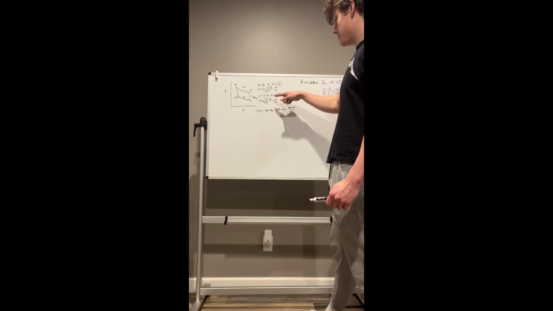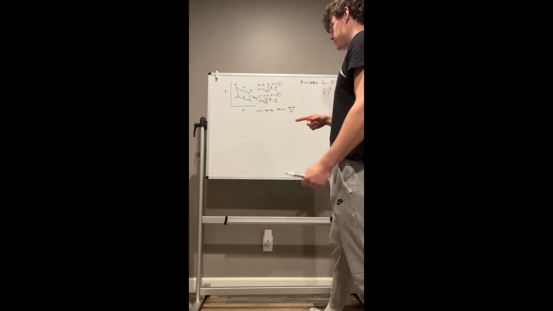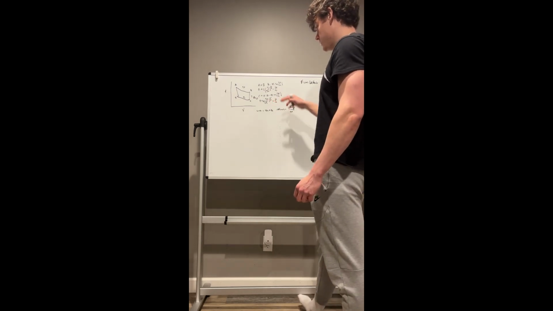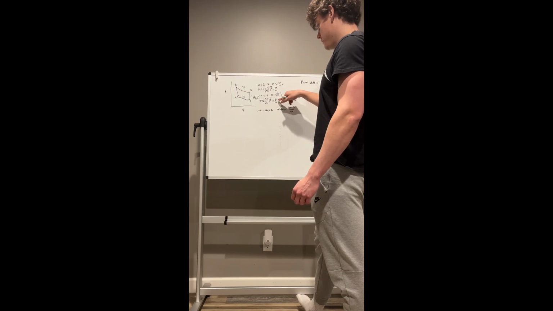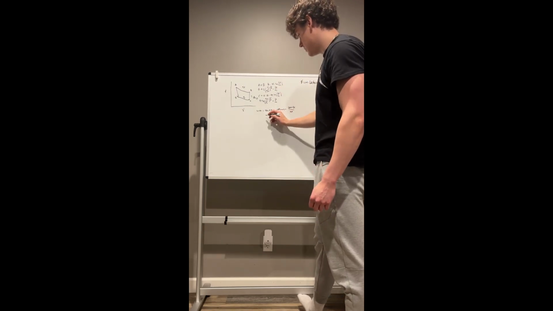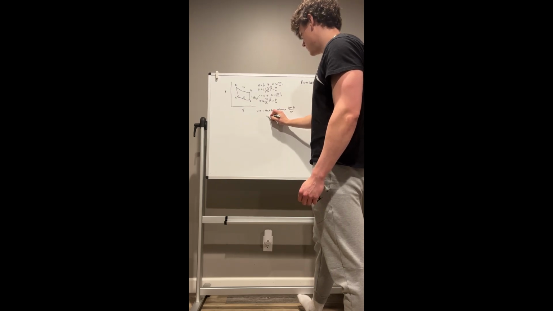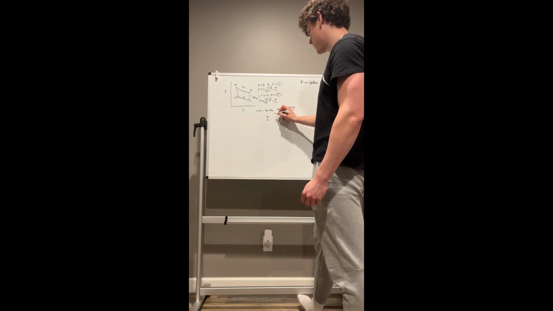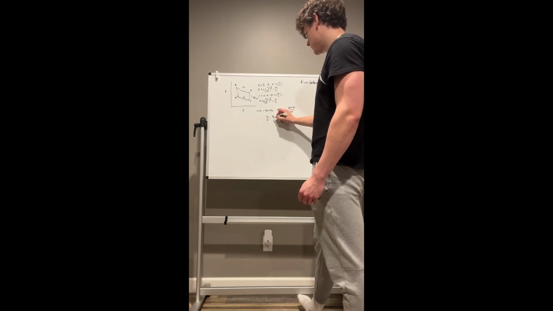If we were to flip this around to make it TC over TH, that would also flip this around, meaning this side would be equal, and then the reciprocal of this would be equal to that. So we'll start with that. VB over VC equals the reciprocal, so VA over VD.